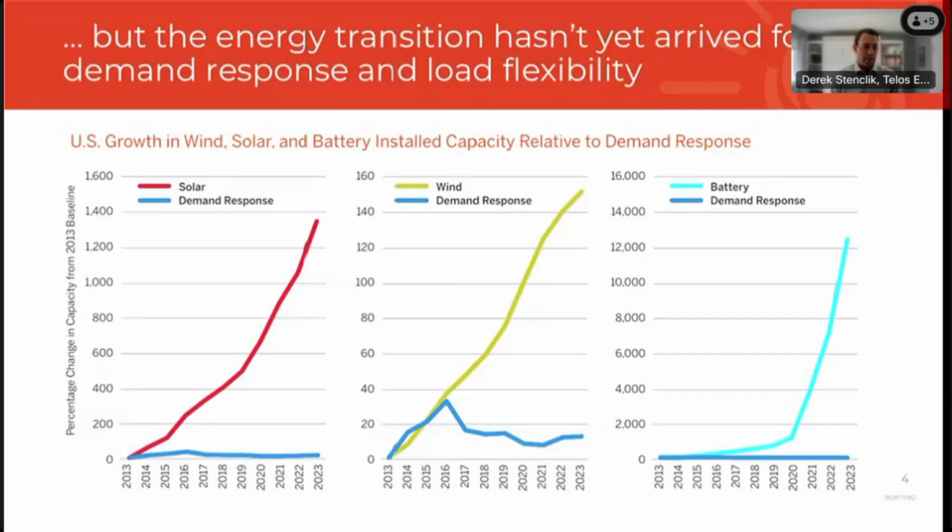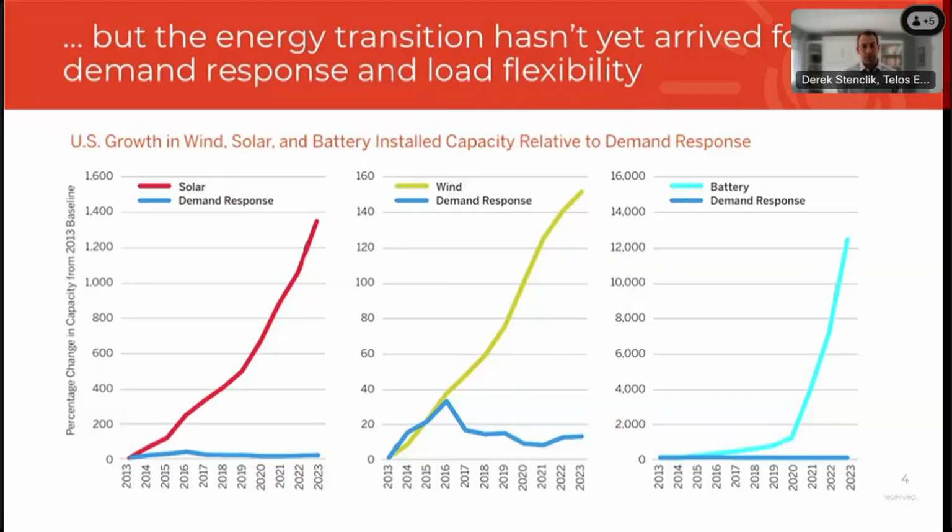So we went back to 2013 and said, well, what was the cumulative growth in solar on the left, wind in the middle, and battery storage on the right, on a percentage basis from where we were in 2013, relative to the growth in demand response. And you can see, obviously, the scale is different across each of those plots.